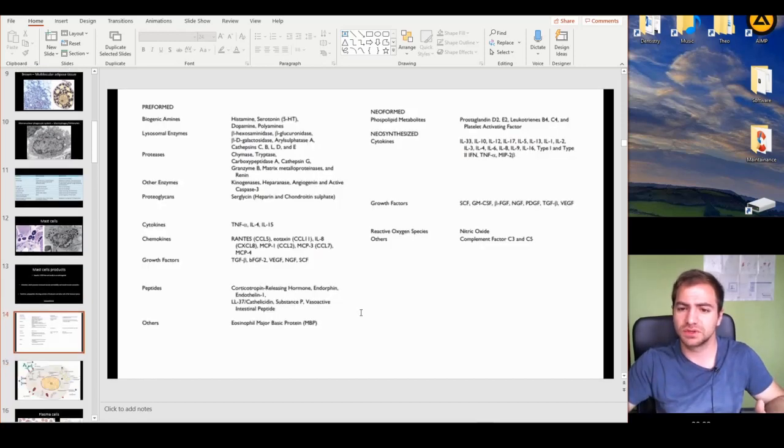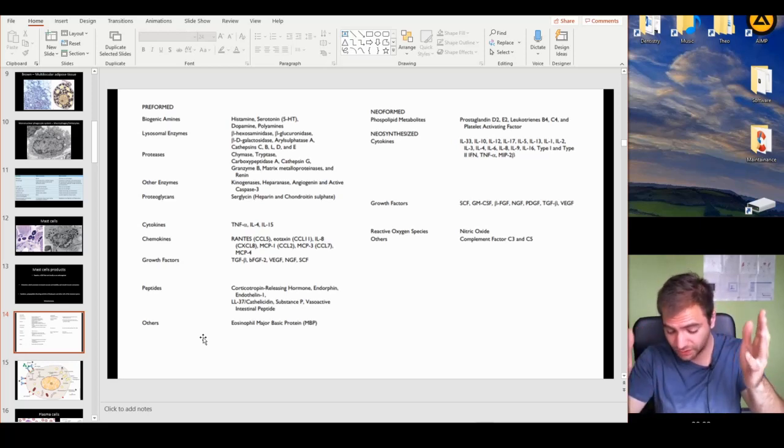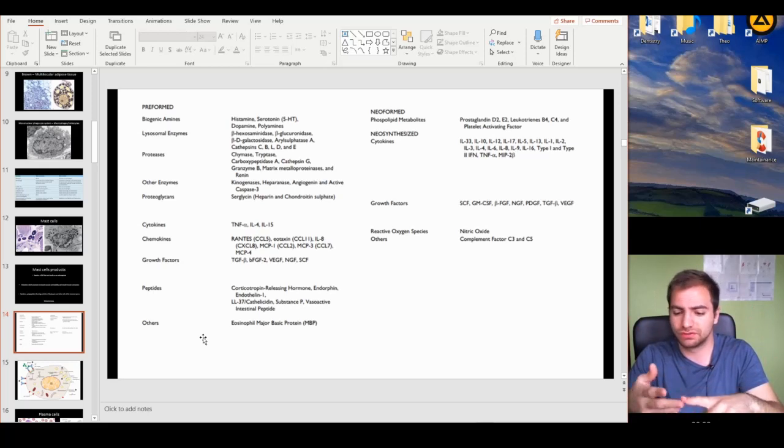This is seen because this is, for example, one table that contains the whole range of the products of mast cells, and you can see there's a very wide range of cells that are filled with enzymes and proteins of destruction, of reparation, of inflammation, pro-inflammation and anti-inflammatory proteins.